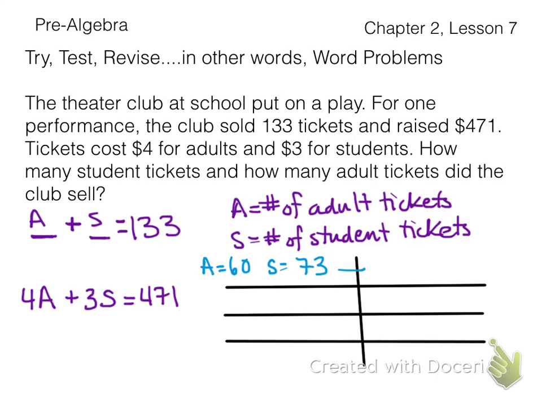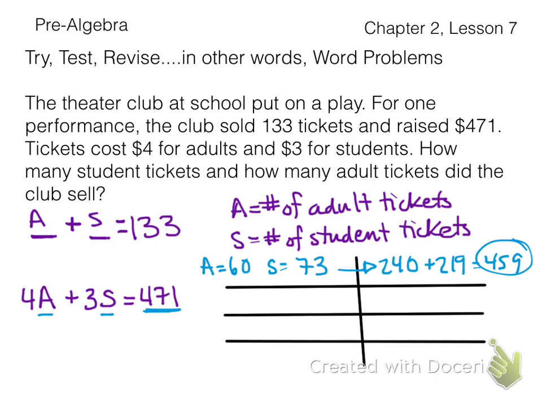If I plug that into this equation where A is 60 and S is 73, I'm going to get 4 times 60, which is 240, plus 3 times 73, which is 219. Add that up, and I'm going to get 459.